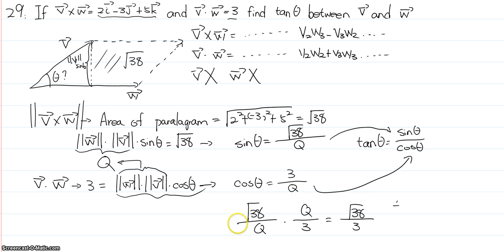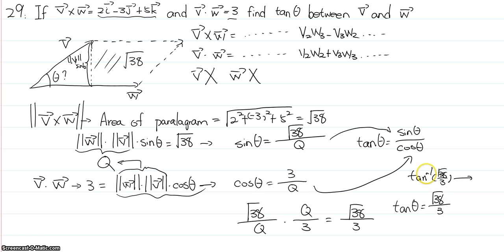Wait, inverted properly: tangent theta is square root of 38 over 3. I actually find tangent theta without finding theta. And of course, if you want to find theta, you could just use inverse tangent, which I hope you all know how to do.